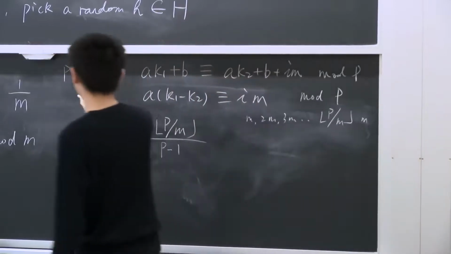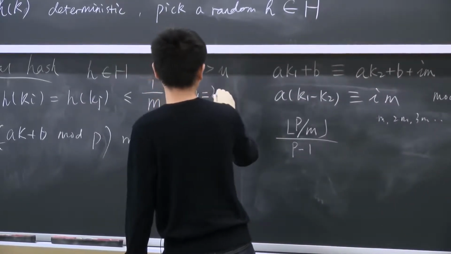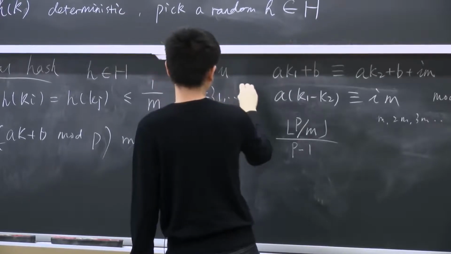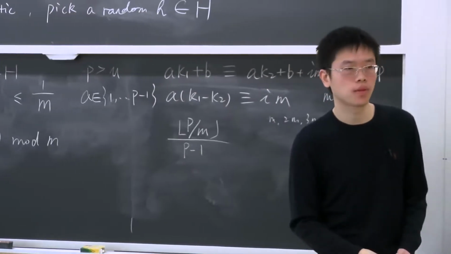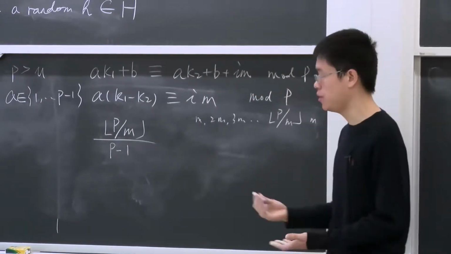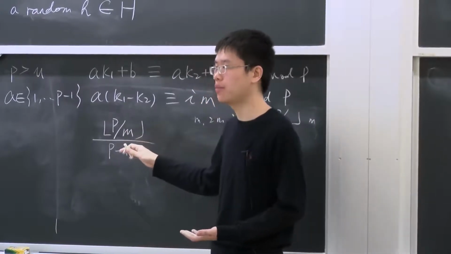Oh, I forgot to mention that a is from 1 to p minus 1. OK? So I can always choose my p to be not a multiple of m.